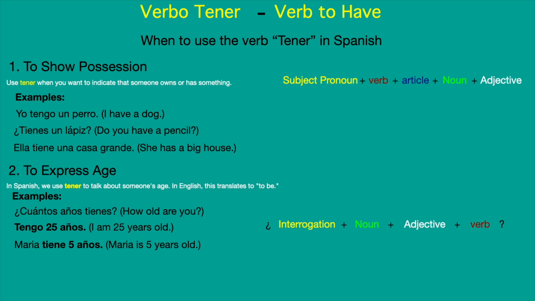You use the interrogative question as well. ¿Cuántos carros tienes? Or ¿cuántos carros rojos tienes? ¿Cuántos lápices rojos tienes? That would be a question. And remember that we use the question mark at the beginning and the question mark at the end.